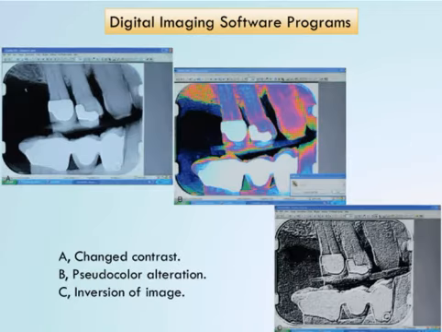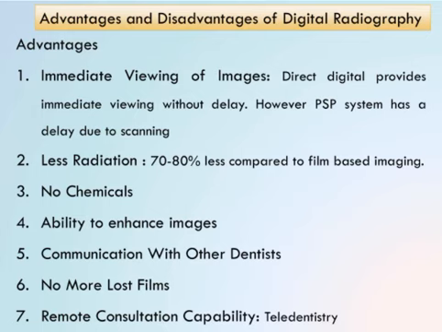Okay, so these are the enhancement features that are available. Some of them are listed here: in the first, a change to contrast, in which you can see more shades of white and gray. In the second one, you can see the pseudo color alteration, and in the third one, you can see the inversion of images. Okay, so these are the settings that are possible with digital imaging.